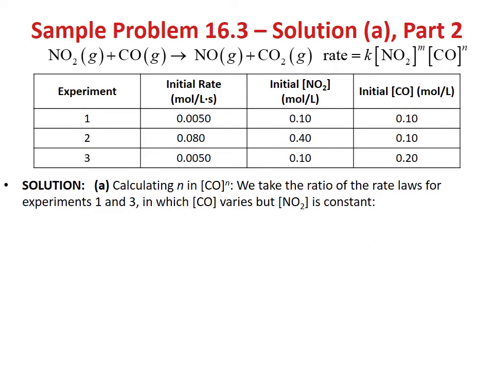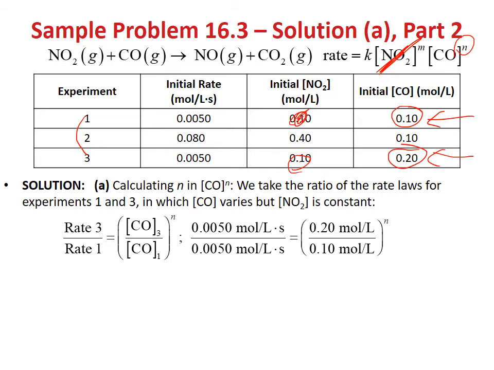To find n, we choose experiments 1 and 3 because they have the same concentration of NO2. So we can ignore NO2 and only look at the carbon monoxide concentration change. The reaction rate is only determined by this concentration.